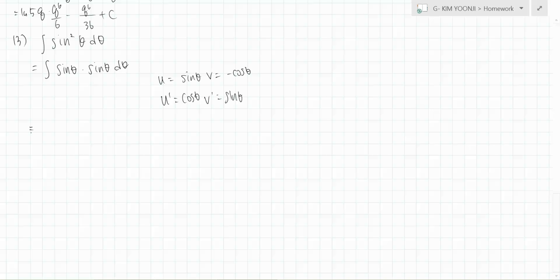Okay, so uv is sine theta times negative cosine theta, minus the integral of u prime, which is cosine theta, times v, which is negative cosine theta d theta. So we write this.